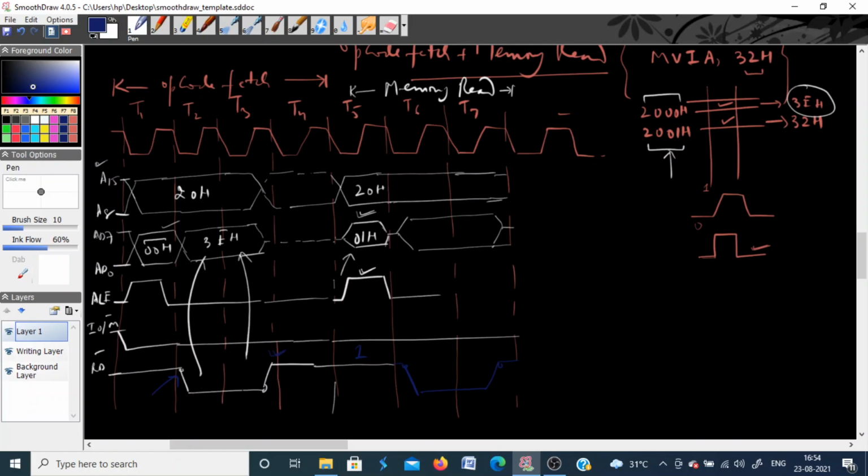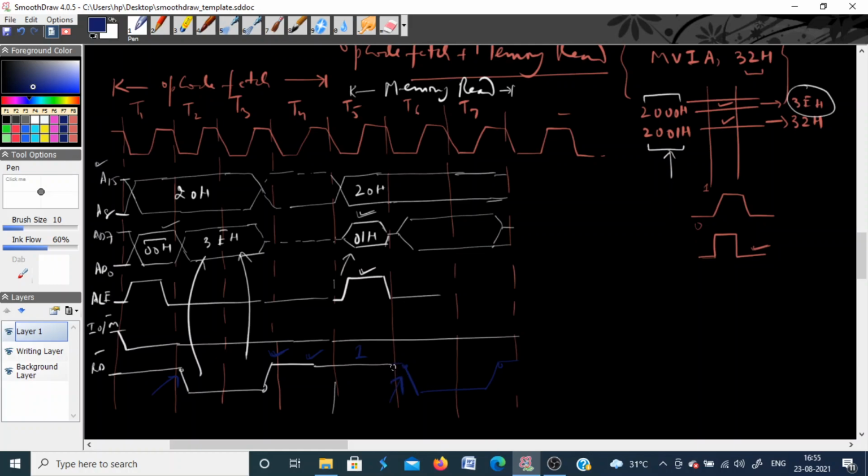It goes from 1 to 0, then again back to 1, because every time it has to be a read operation, it has to be activated. It cannot stay at 0 for the entire time period. Once it goes from 1 to 0, one memory read operation will take place. Then it will remain at logic 1. So if you have to do another operation, it has to again go from 1 to 0, so that it goes here in the T6 state.